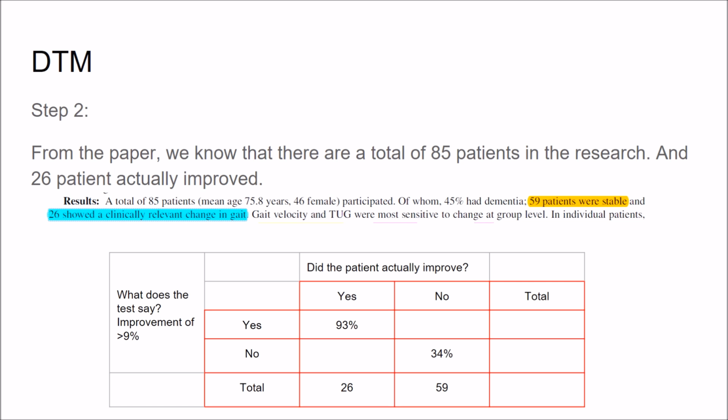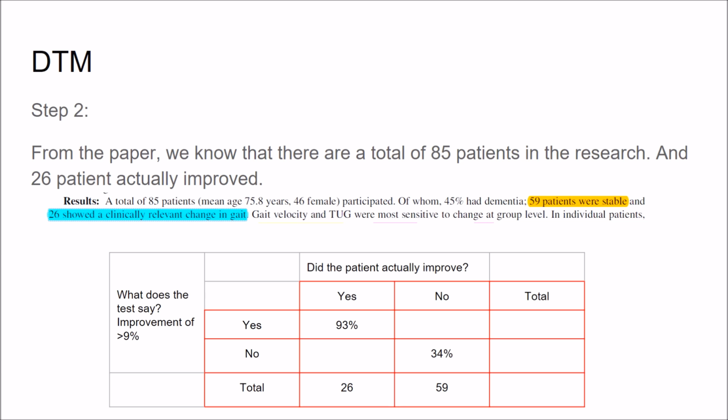The next thing we need to find out is how many patients there are in total. From the paper, we know that there are altogether about 85 patients in the research. And out of these 85 people, it has been found that 26 patients actually improved.